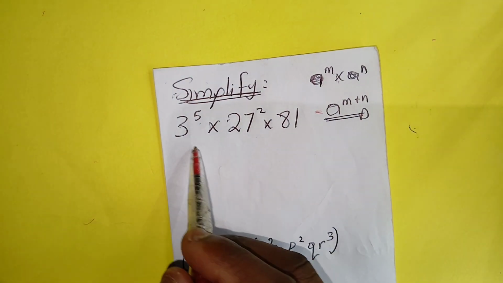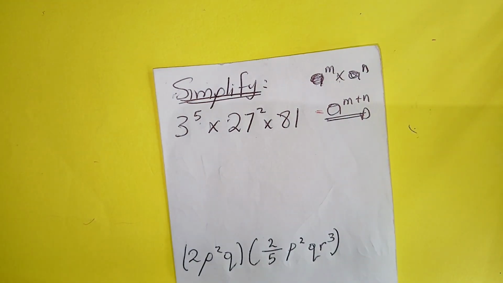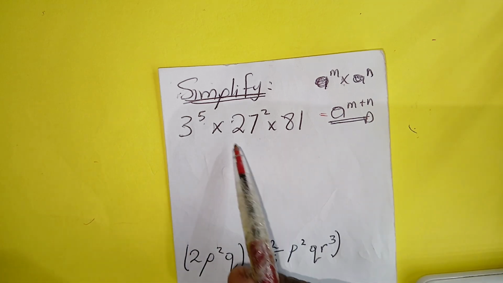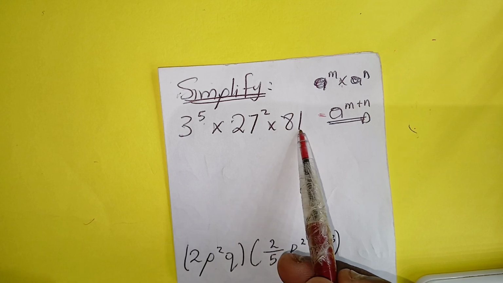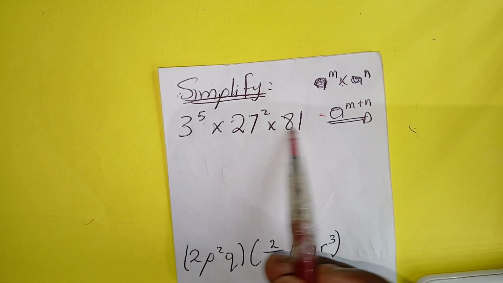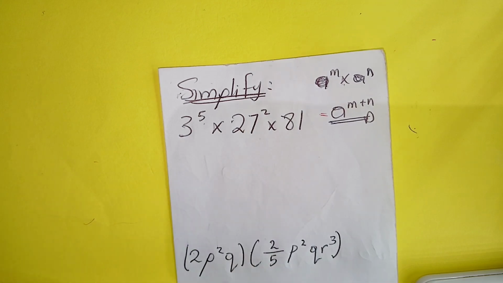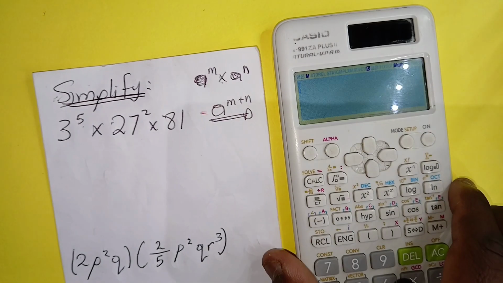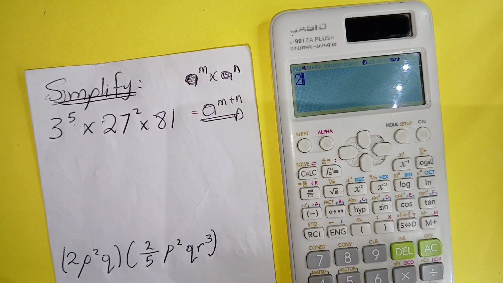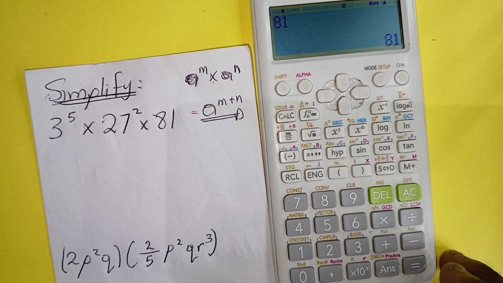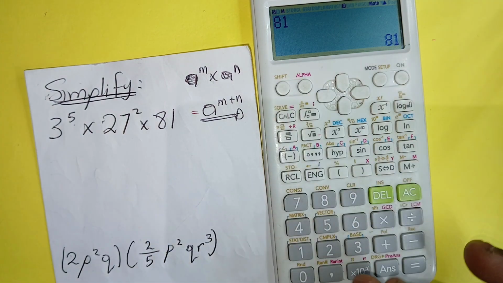So here, the first thing you must do when you multiply big numbers like 27, 81, is try to change those numbers to have the same base by using your calculator. Let me start with 81: press 81, equal, then shift and fact.